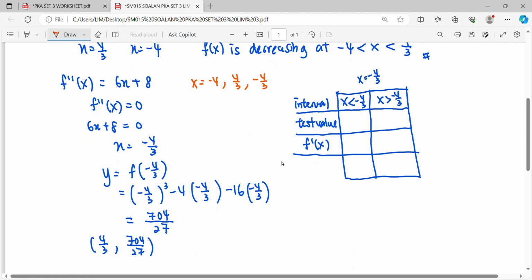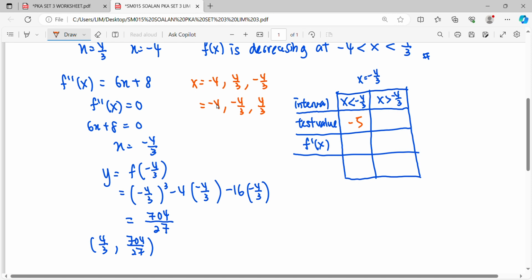Arrange in order: -4, -4/3, 4/3. So the test value we want to take is less than -4/3, but you don't take too far, like -5, which is too far away.